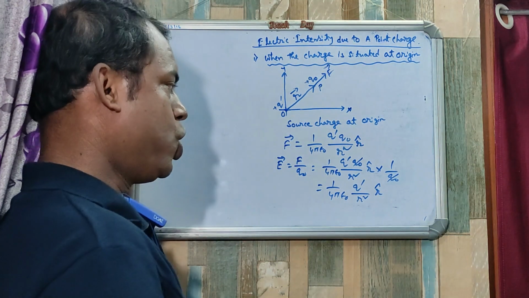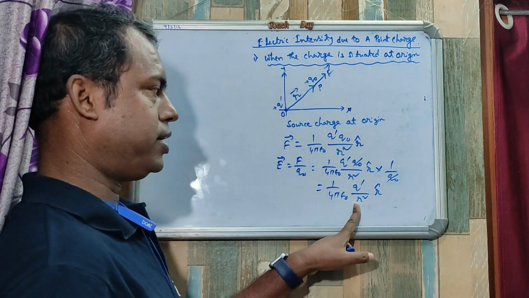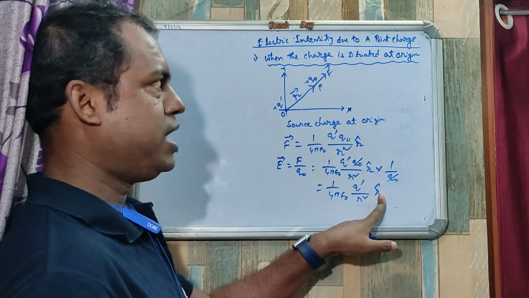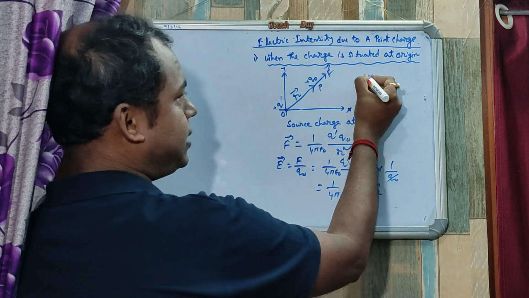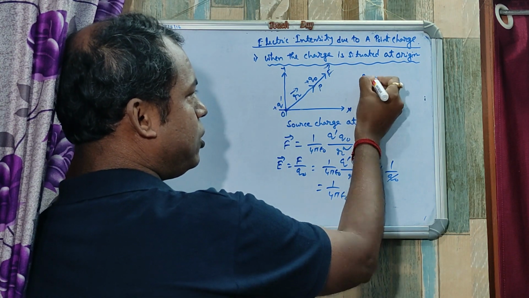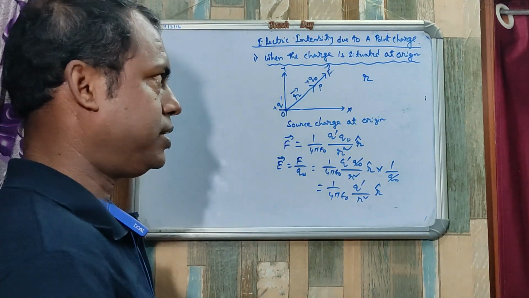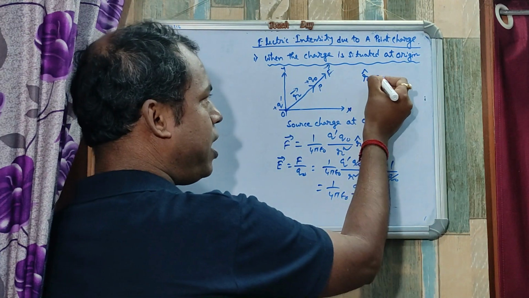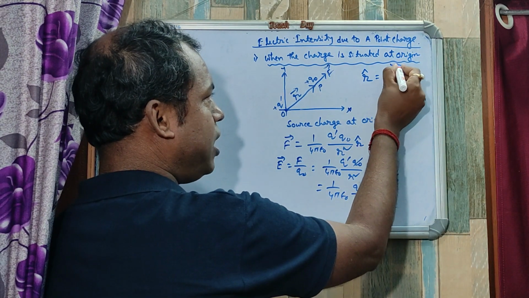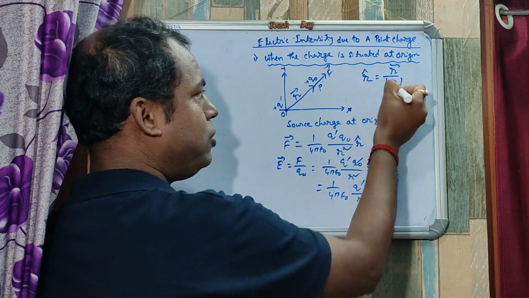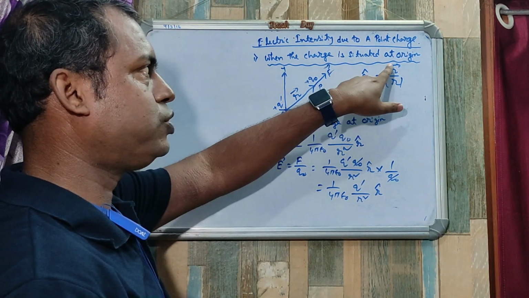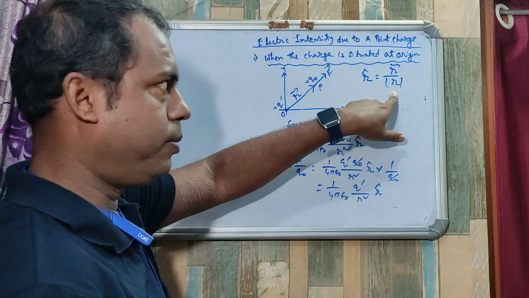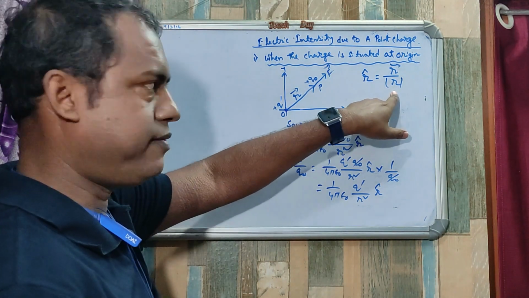So r cap is the unit vector. According to the vector chapter, we know the unit vector: if I denote it r cap, it equals vector r by mod value of r. So unit vector r cap equals vector r by mod r, which you know from class 11.